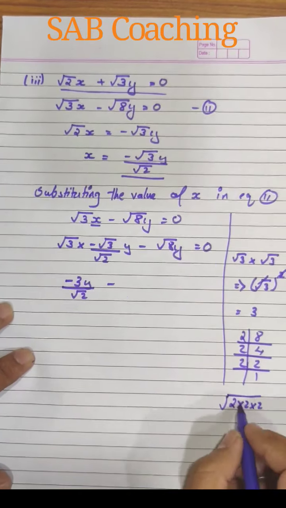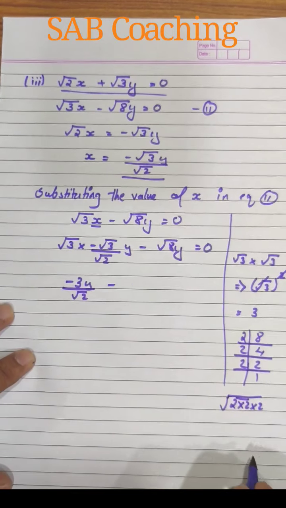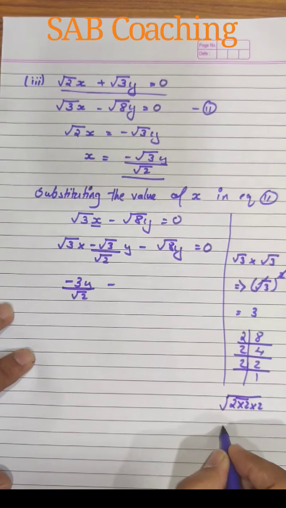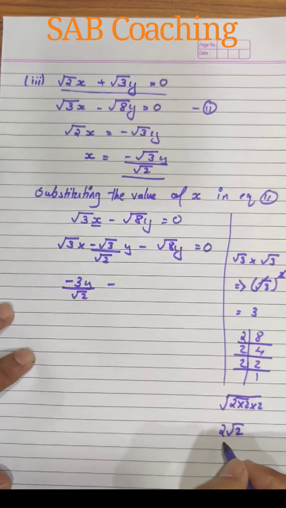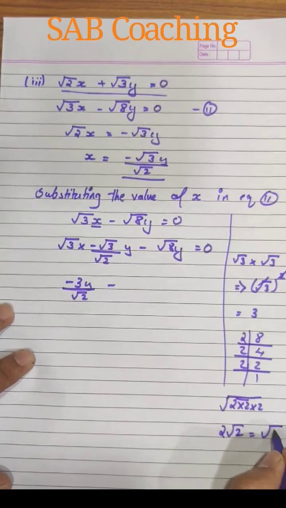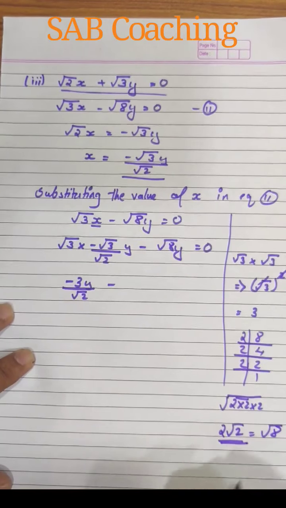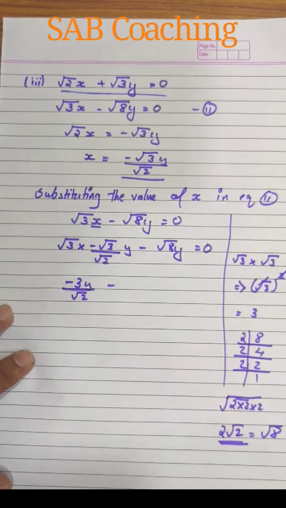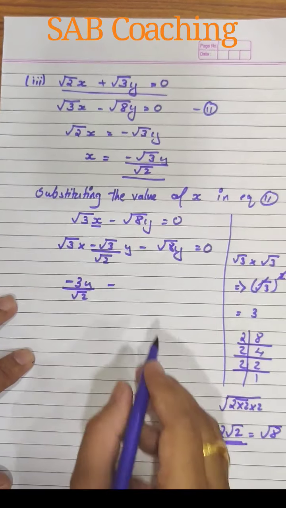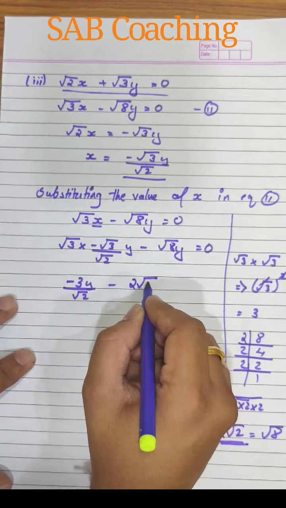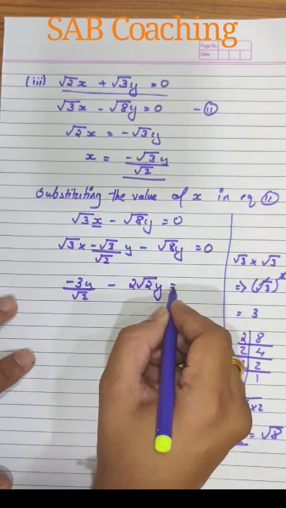Is that clear? So these two are going to get paired and they are going to come out of the square root and you will get 2 root 2. So root 8 can be represented as 2 root 2. So here you can write root 8 as 2 root 2. 2 root 2 y equal to 0.